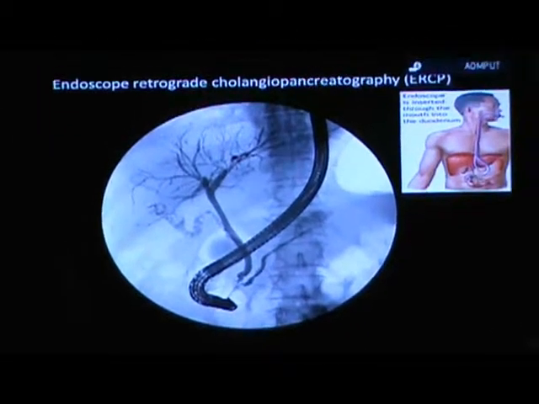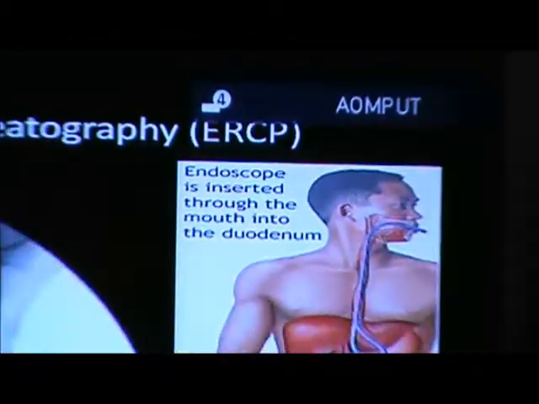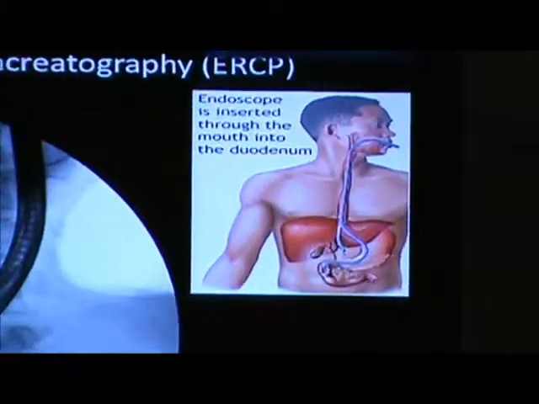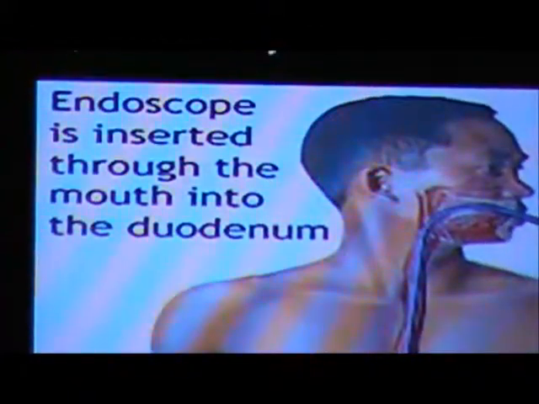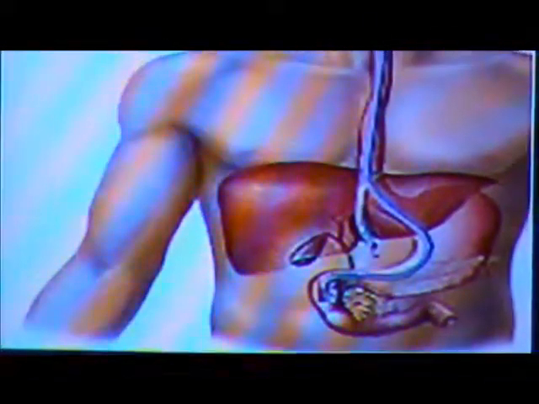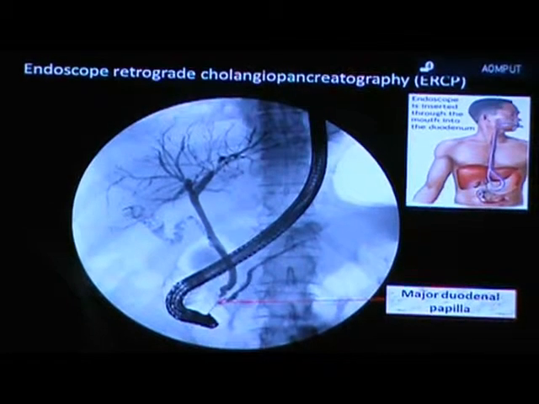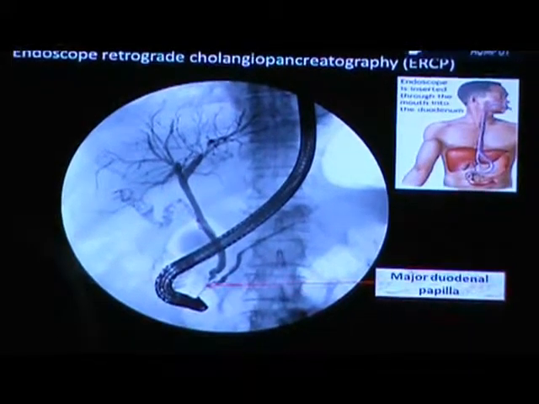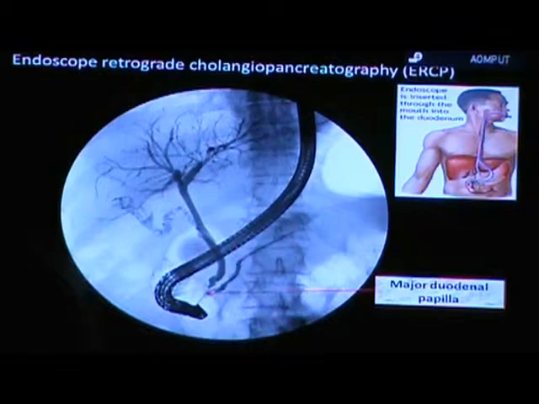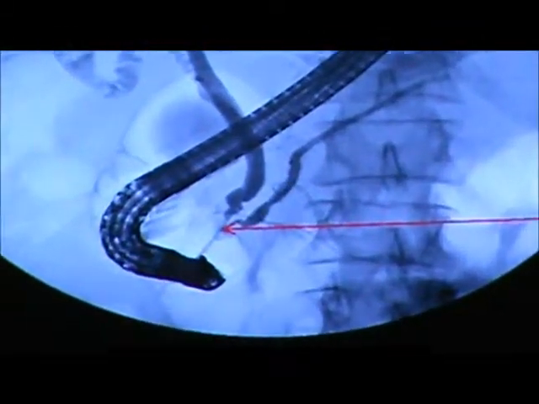We can also give the radiocontrast directly into the bile ducts through the hepatopancreatic ampulla, cutting the sphincter of this structure and entering through the major duodenal papilla. And this diagnostic method is called endoscopic retrograde cholangiopancreography.